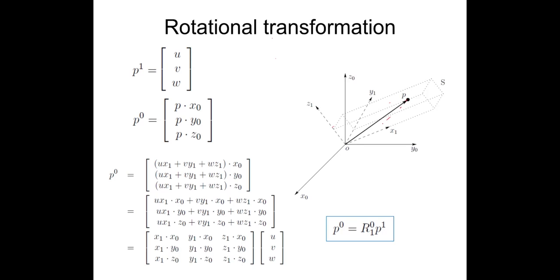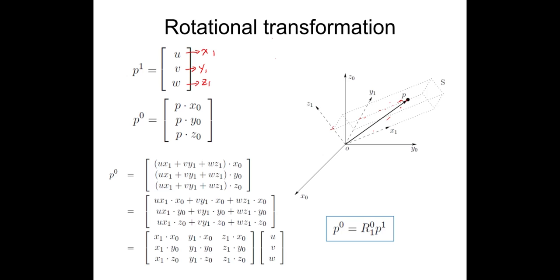Okay, so then we will be able to read the vector p in frame 1. So assume that is u, v, and w, and u is projected to x1 and v is projected to y1 and w is projected to z1.